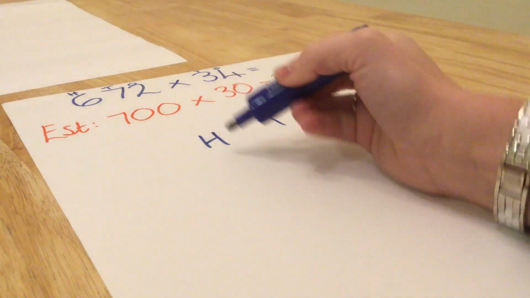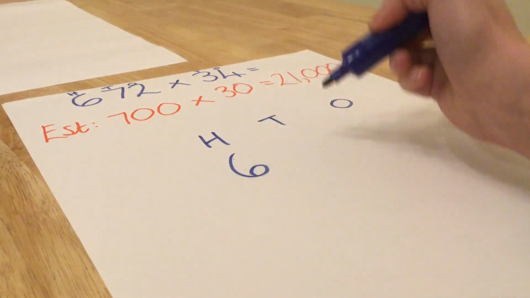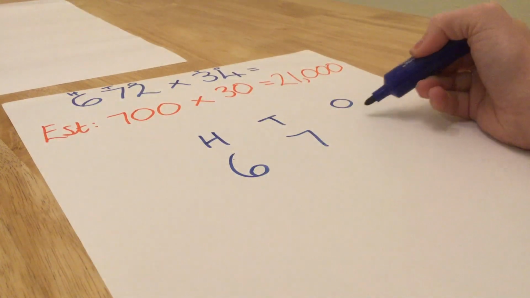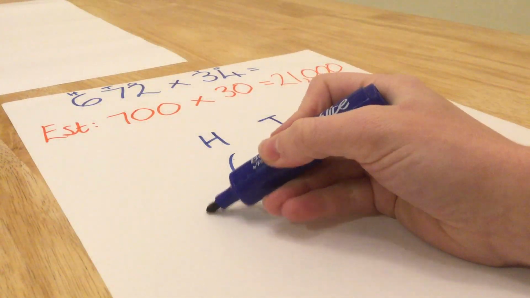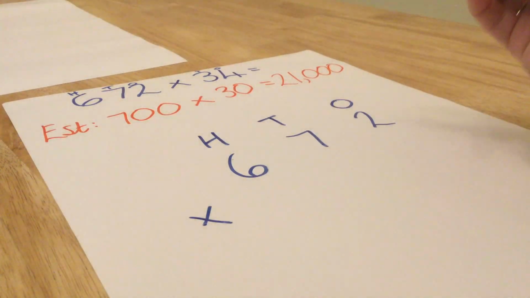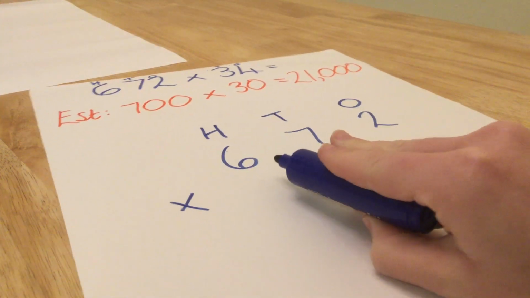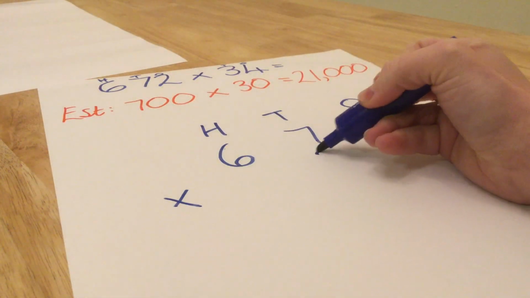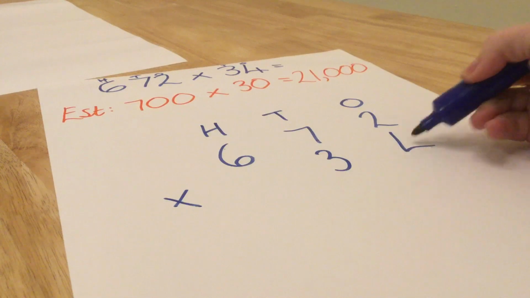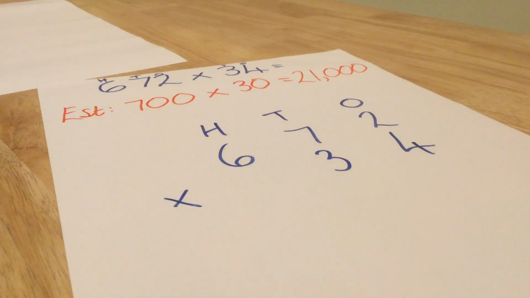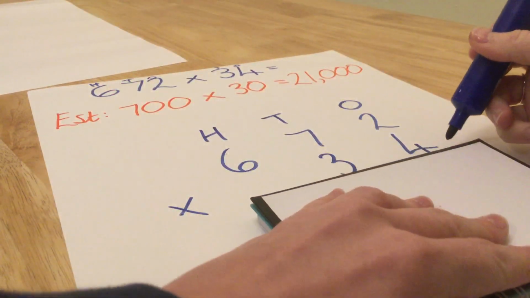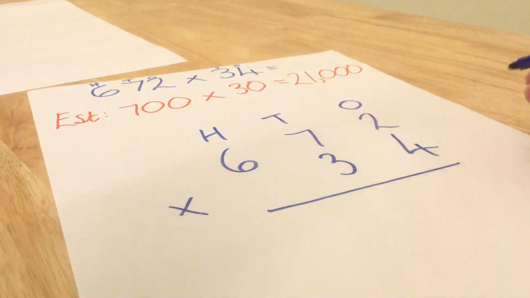So I'm going to start by writing my columns here. Okay, now I'm going to write each number under the correct column. 672 times 34, and I must make sure 30 has 3 tens, so the 30 goes there and the 4 goes there. And then you would use a ruler to underline there.